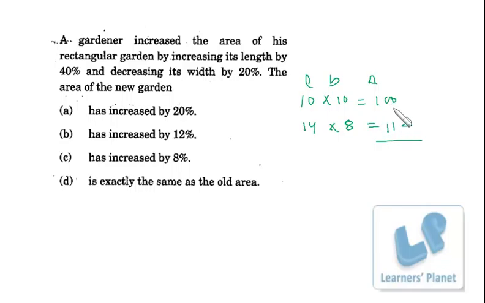So initially the area was 100, now it is 112, so very easily we can say it is a 12% increase, right? So it has increased by 12%, right?